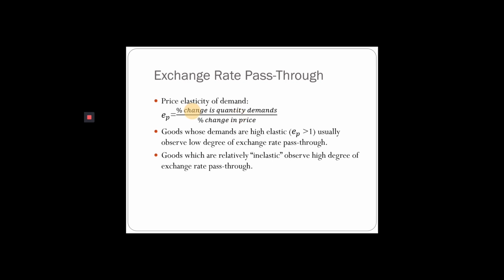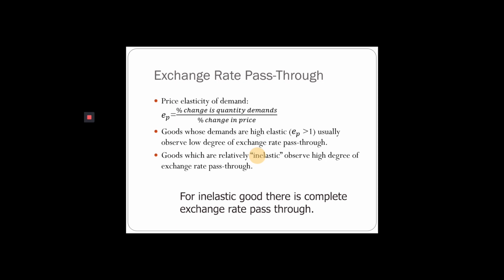So normally for the goods which are highly elastic, we usually observe partial pass through of the exchange rate, and for the goods which are inelastic, we usually observe a high degree of exchange rate pass through. We know that for these inelastic goods, it does not matter how much prices will change, people will still buy those goods.